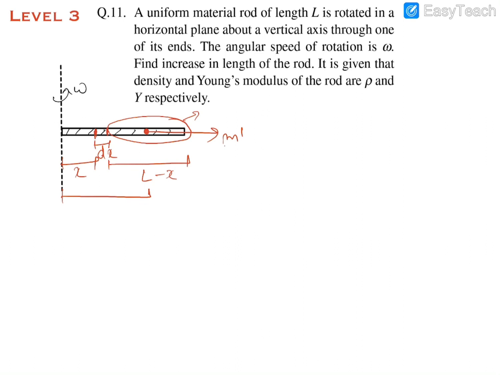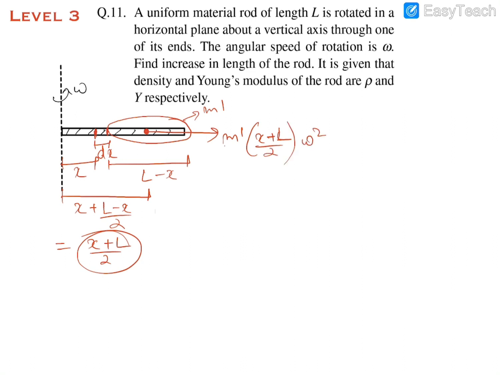Now the distance of this point will be x plus (L minus x) by 2, which is x plus L by 2, into omega square.